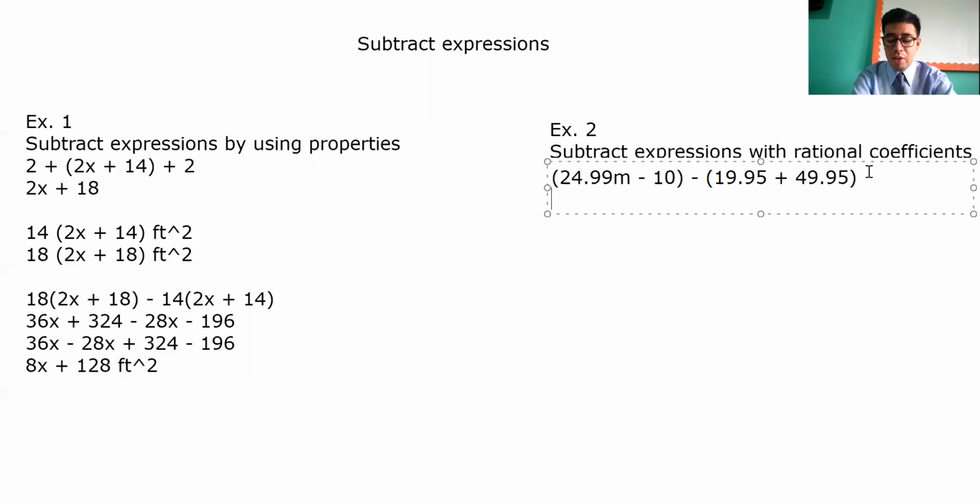Then what we have in the other part, 24.99 minus 10 plus, and what happens when you have this negative in here? This negative is going to affect this number, and it's going to affect this number, right? It's going to affect everything inside the parentheses, because it's like you have an imaginary negative 1 multiplying all the terms.